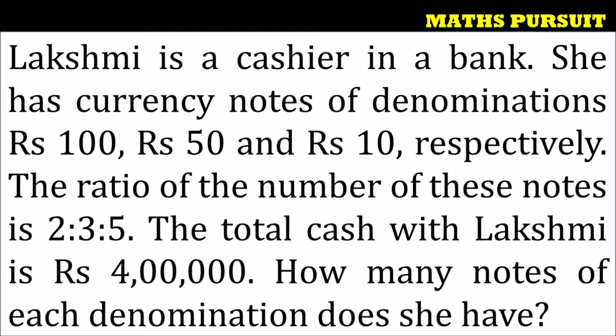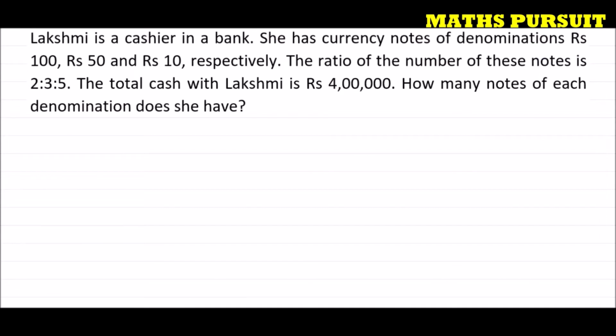So guys, let us see how we can answer this question. The question is telling us here about Lakshmi, who is a cashier. And as a cashier, she is having currency notes of denomination rupees 100, rupees 50 and rupees 10 respectively. The ratio of the number of these notes is 2:3:5.